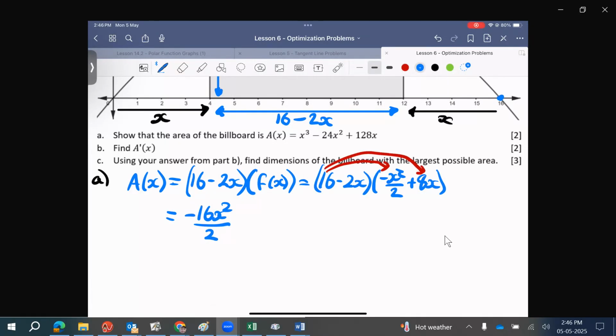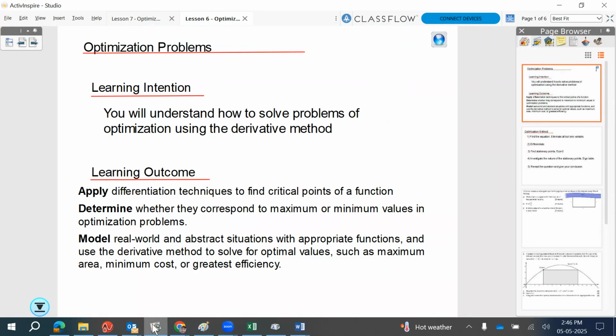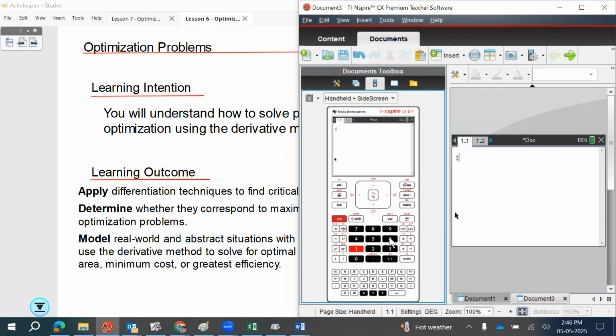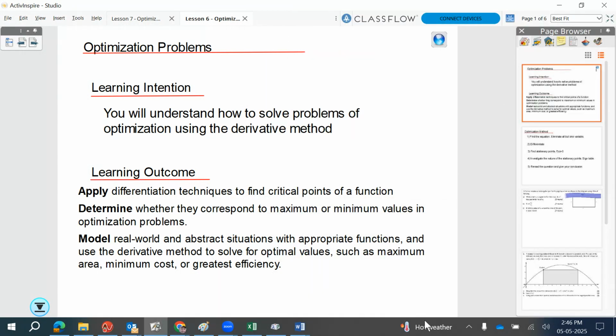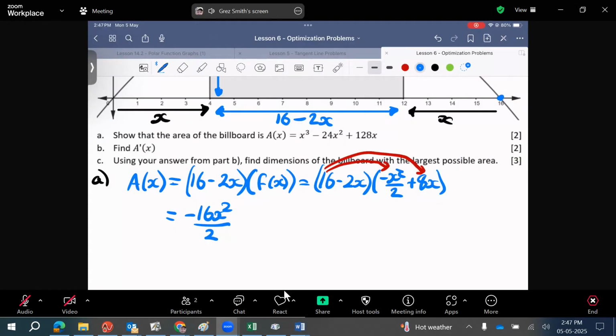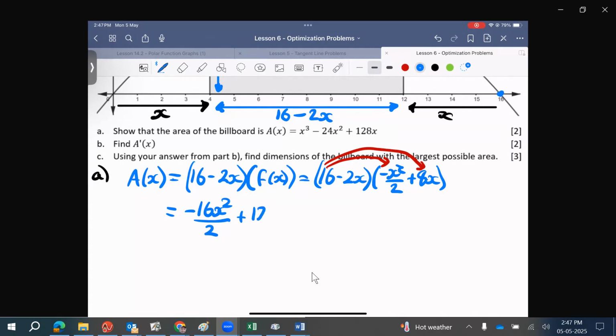Next, 16 times 8x. You can use your calculator for this one. Big numbers. So we are going to do 16 times 8, 128. Okay. So that is going to be positive plus 128x.